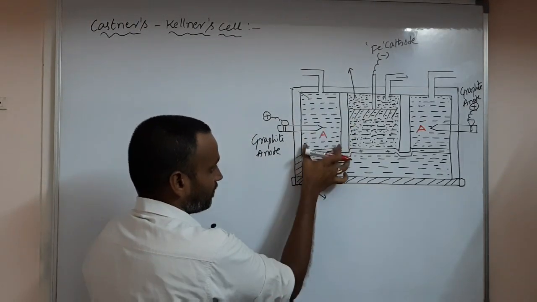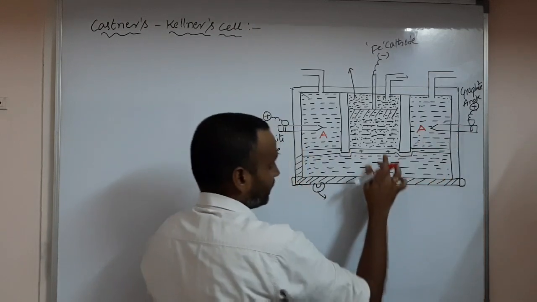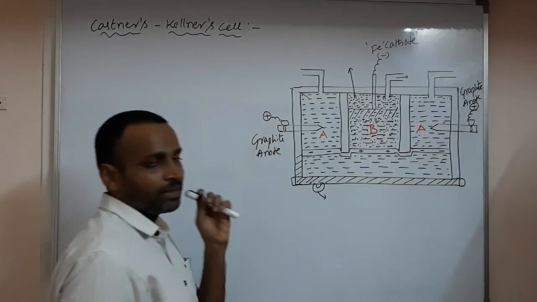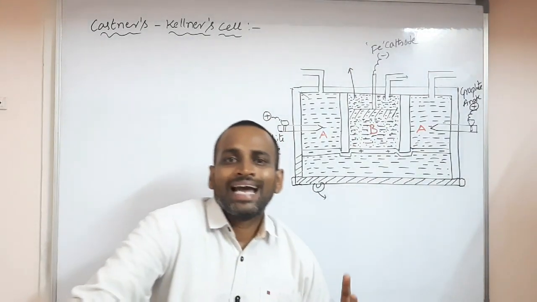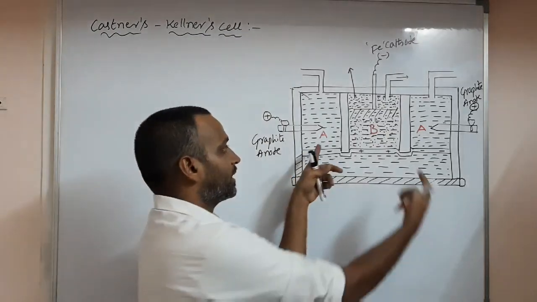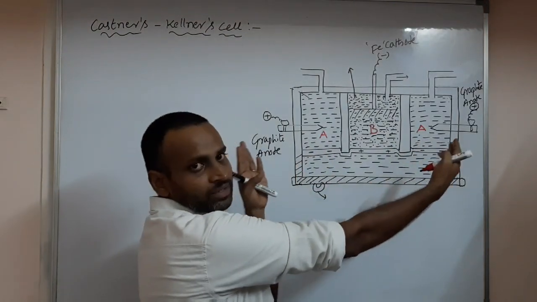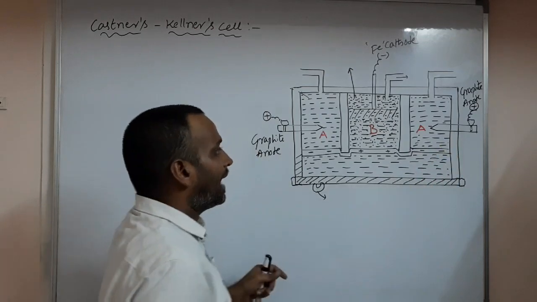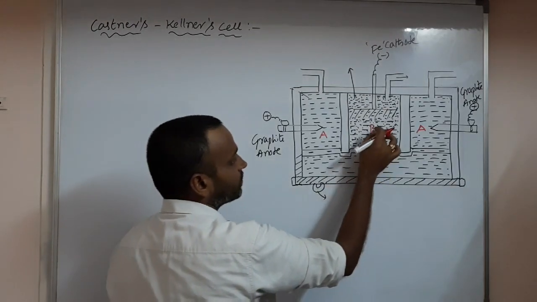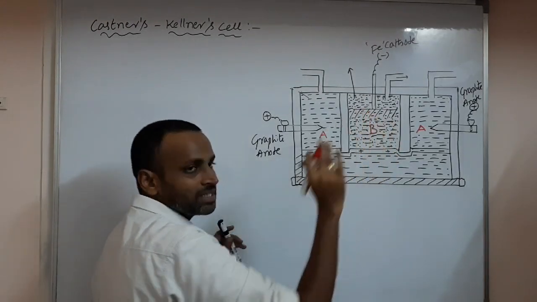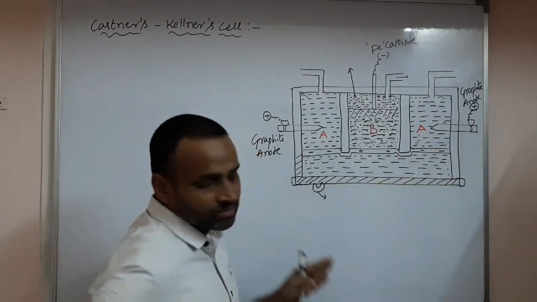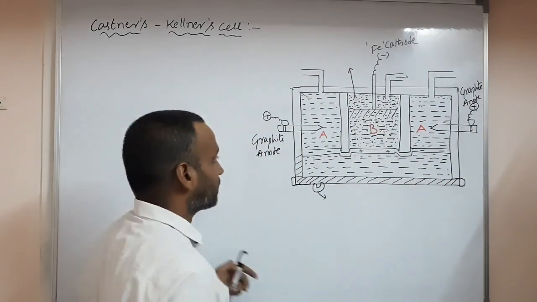So this is compartment A and this is compartment A, and in the middle this is compartment B. So the Kastner-Kellner cell consists of three compartments: two identical compartments, A and A, on the left side and right side, and in the middle, the middle compartment, which I labeled as B. The outer compartments, left side and right side, I labeled as compartment A.